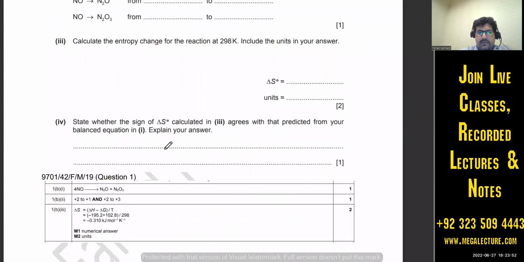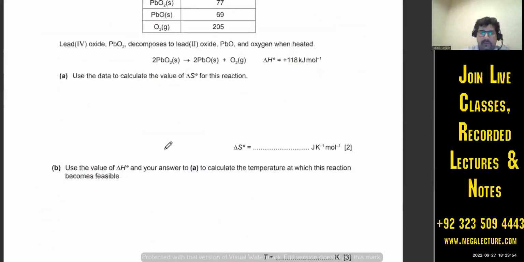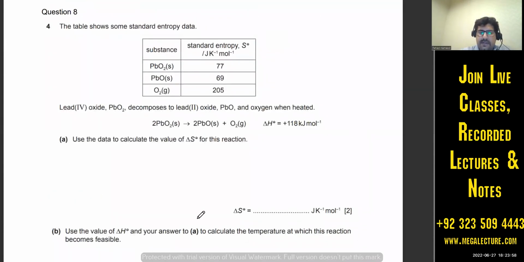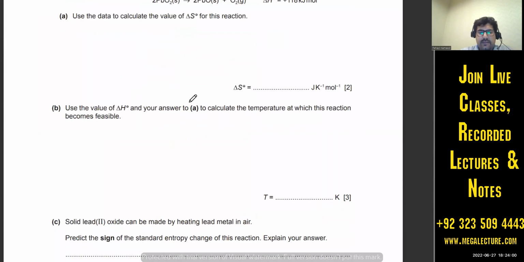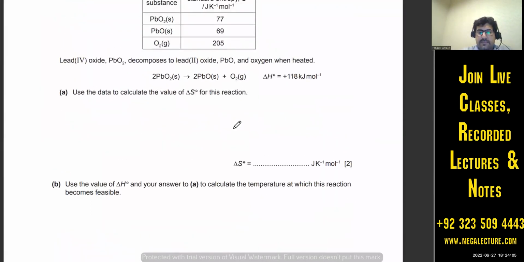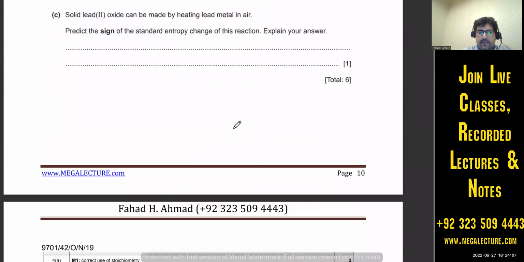Let's see any other ones. Let's just go through some. Most of the questions are very typical. Calculate delta S and then use the value to calculate the temperature at which this reaction becomes feasible. So pretty much the same one. Predict the sign of entropy change for this reaction.